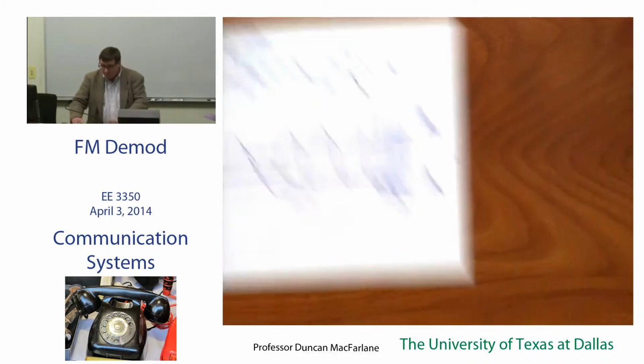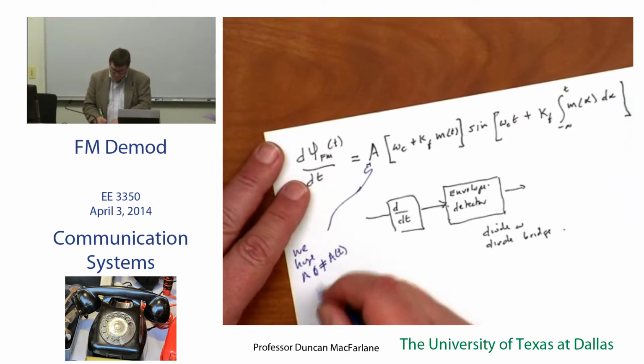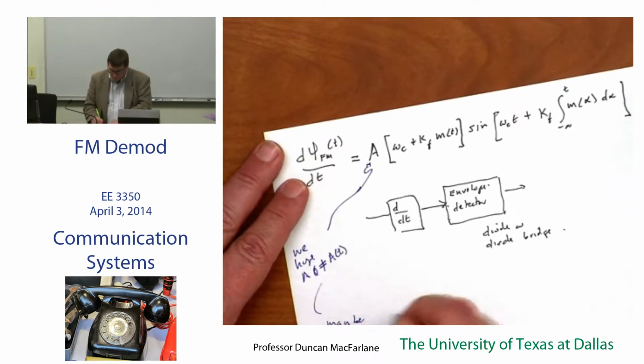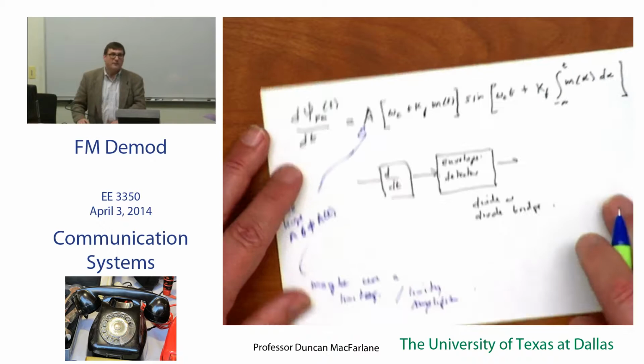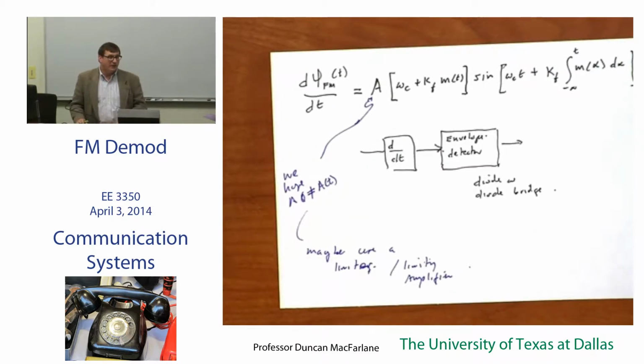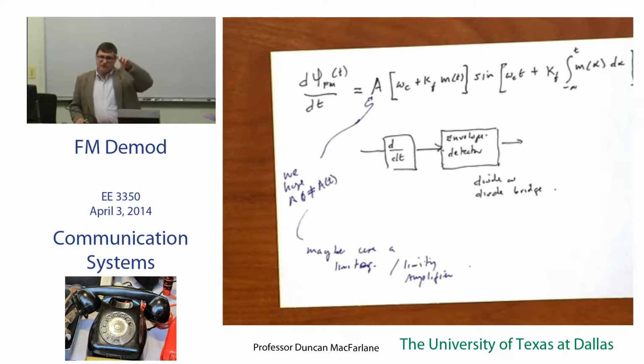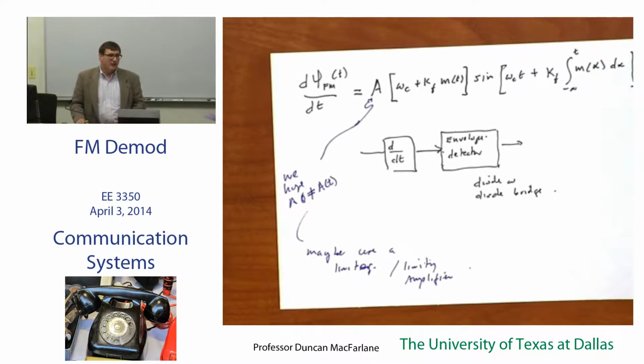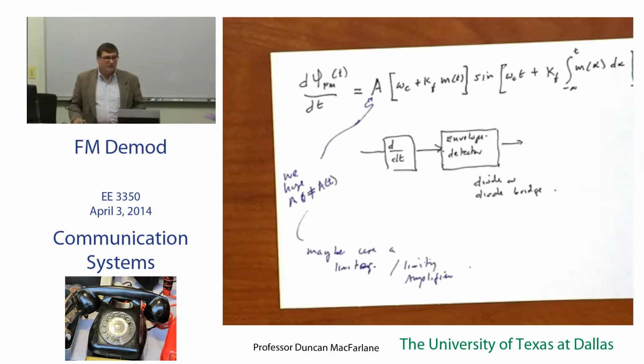So one idea that you might think about, and I'll put maybe, is maybe use a nonlinear element like a limiting amplifier, so that the weak signals get boosted up to 12 volts and the strong signals get boosted up to 12 volts. And in fact, if you play with that carefully, you might even not have too much distortion. Okay?